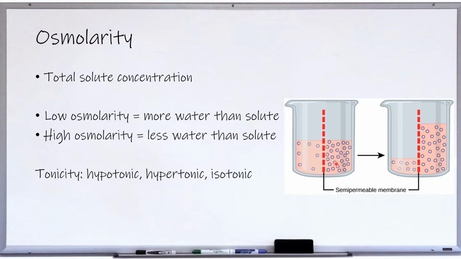In a situation where a membrane is permeable only to water, which is what we saw in this, that's the semi of this semi-permeable membrane, it only allows water to pass through. So in this kind of situation, the solute separates two different osmolarities. We have low osmolarity on this side and high osmolarity on this side.